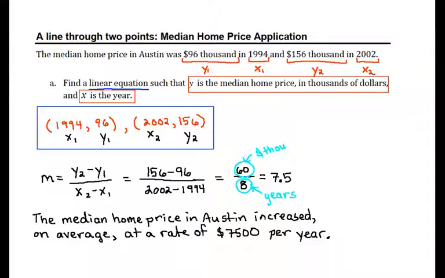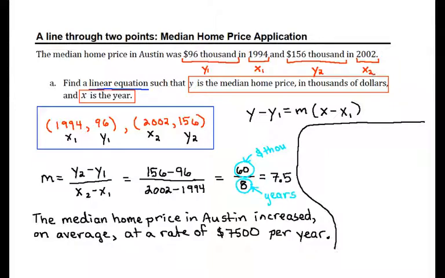I have to use this: y minus y1 equals m times x minus x1. And I'm just going to plug into it. X and y stay variables. Everything else gets plugged in for. Everything else is a constant. So y minus my y1 is 96.